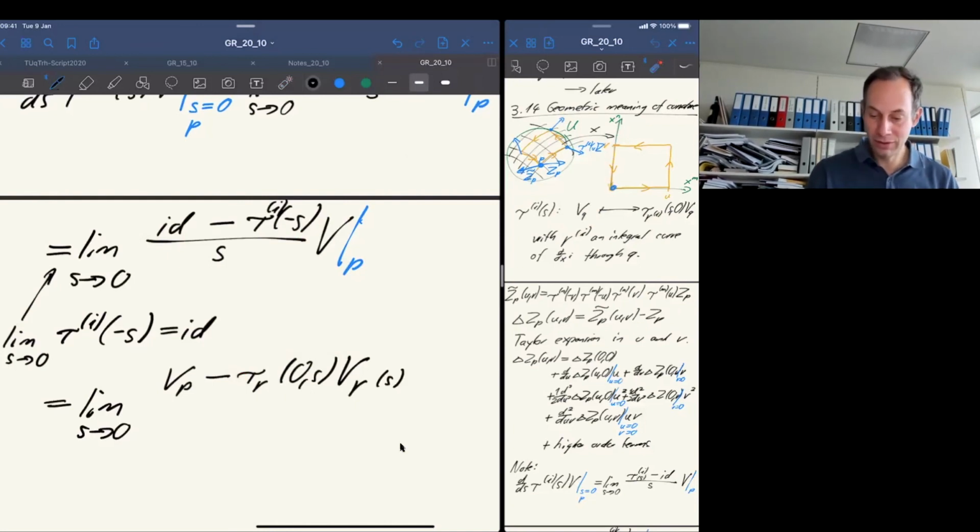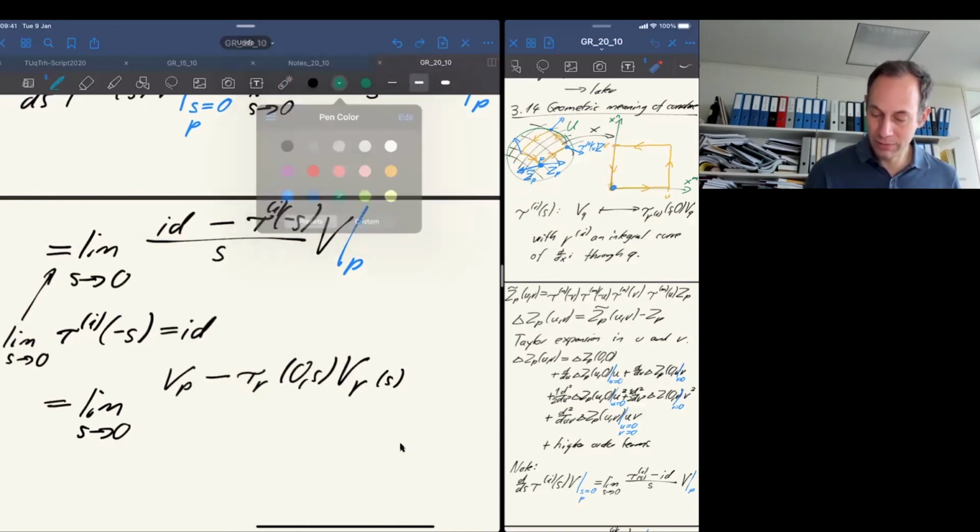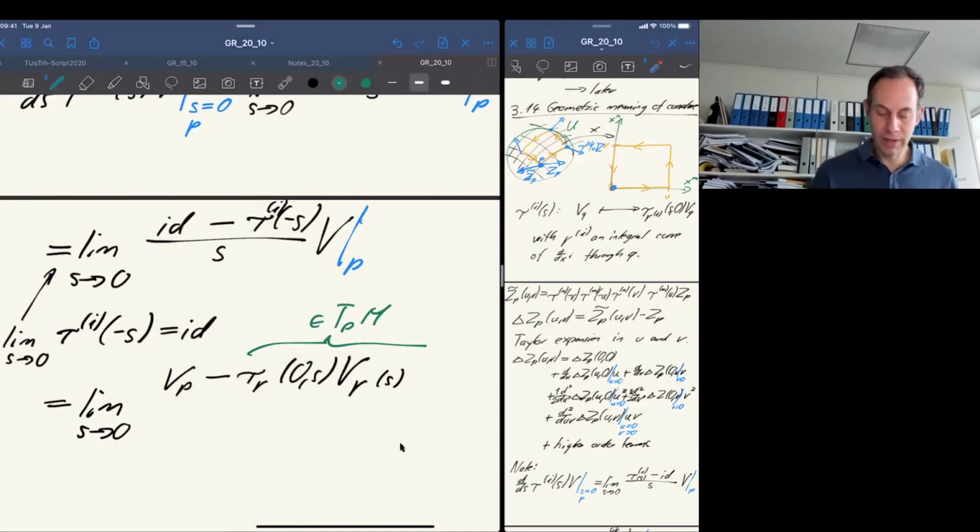Because if I transport the vector at gamma of s back by minus s via this tau, I will end up with a vector at P. So let me write this briefly, just as a note, so that you see the point I want to make. This is an element of T_P M. And so I can actually subtract it. So this is again divided by s.